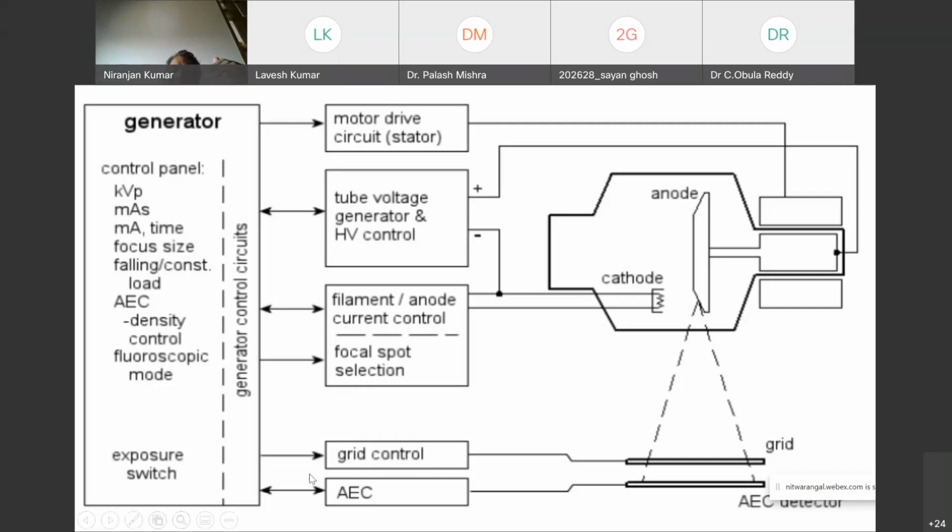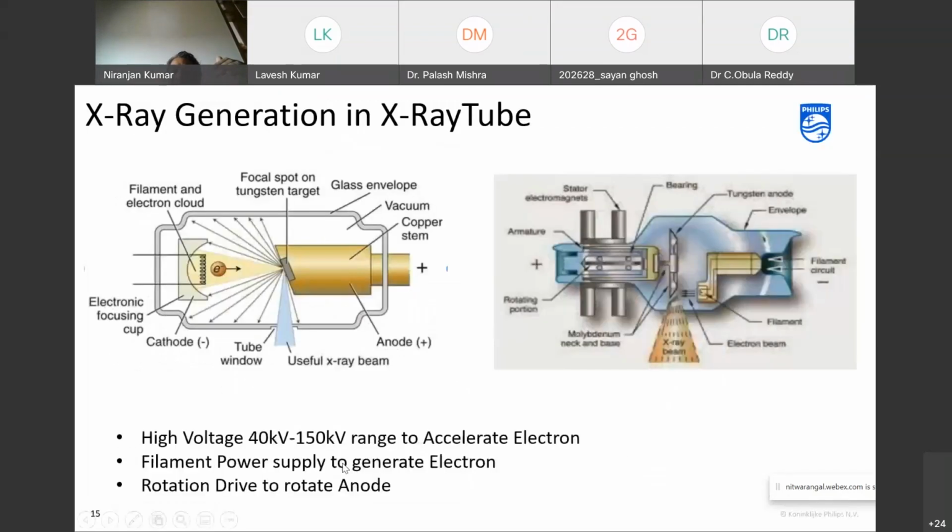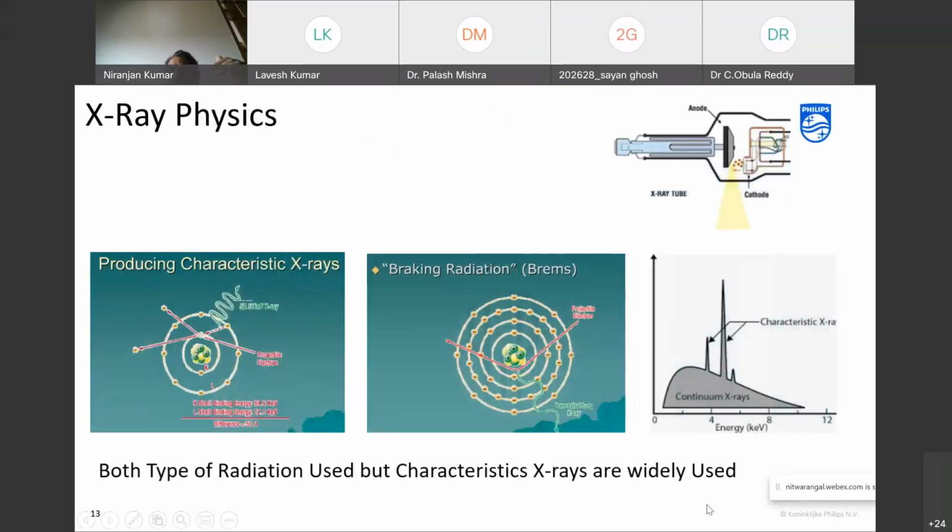Grid is something like this. The moment I give anything, I am actually interested in the characteristic X-ray. But even if I start giving the power supply, nothing happens in zero time. For example, if I have to give 40,000 volts, there is something called rise time.